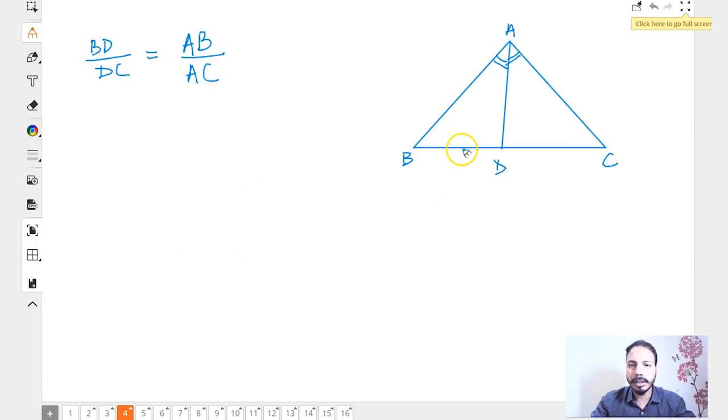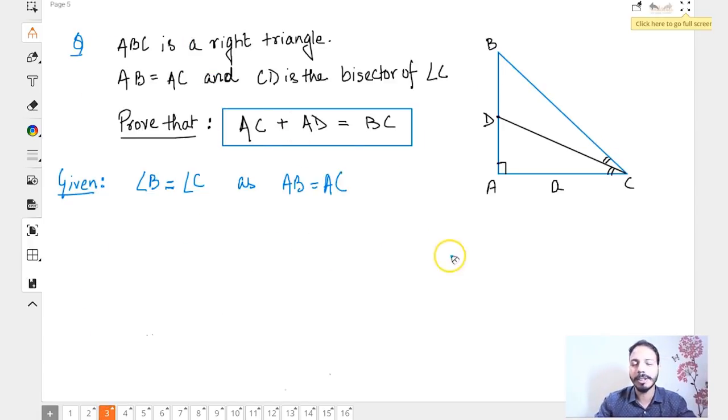That means the ratio of the base parts on both sides of the angle bisector is equal to the ratio of the sides of the triangle on the different sides of the angle bisector. Using this, let's see how we can solve this.